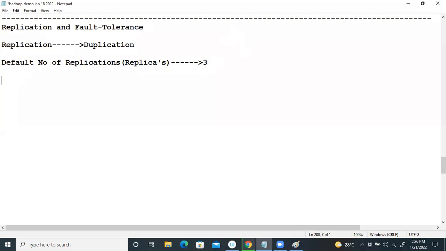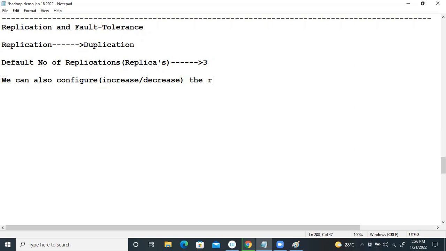We can also configure, meaning increase or decrease, the replications.